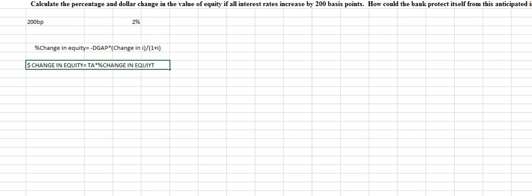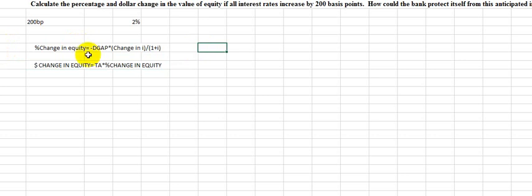But since we don't have an initial interest rate for the entire asset and liabilities portfolio, we will calculate the percentage and dollar change for each and every asset and liability.